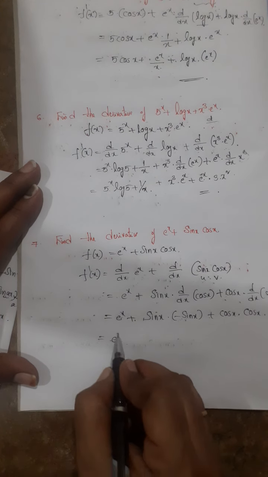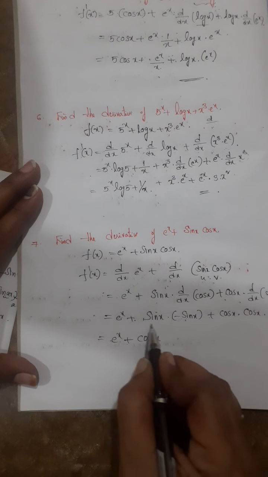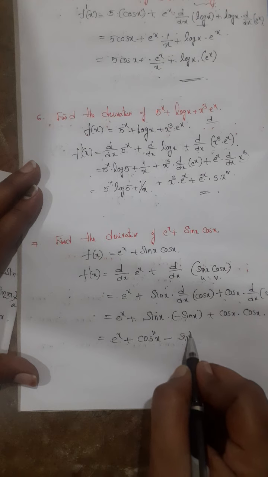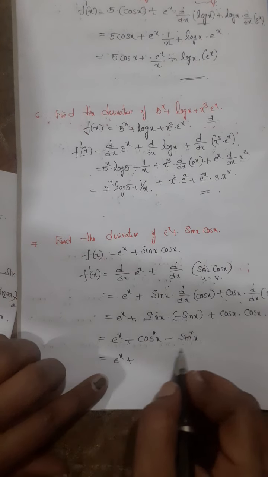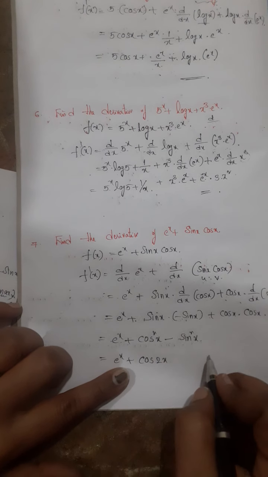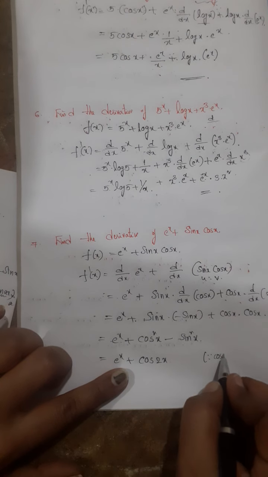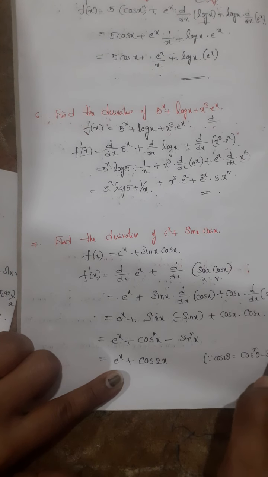So this becomes e to the power of x plus, I am writing cos square x first, this is minus sin square x. You can leave it here also, this is a 100% correct answer. This is a formula of cos 2x, since cos 2 theta can be taken as cos square theta minus sin square theta.